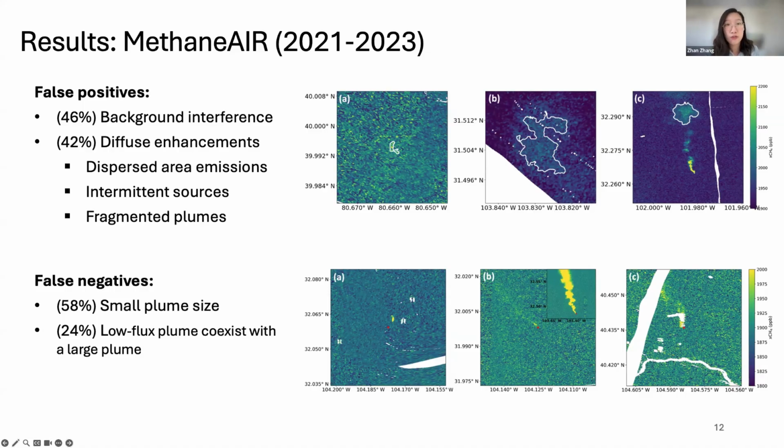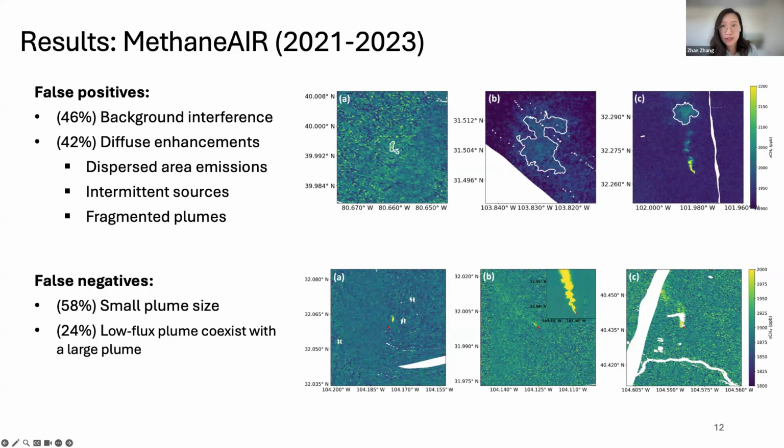Next, we also examine the 48 plumes missed by the wavelet method. By saying false negatives, I just want to clarify that these are relative to the DI detections, since we don't have the ground truths for the actual number of plumes in each scene. Here, 58% correspond to emissions with a limited number of elevated pixels, or in other words, with small plume size.